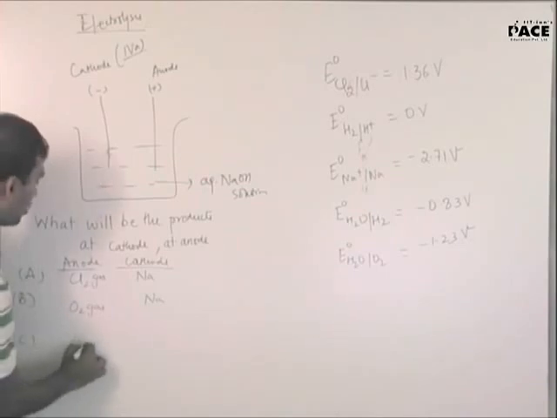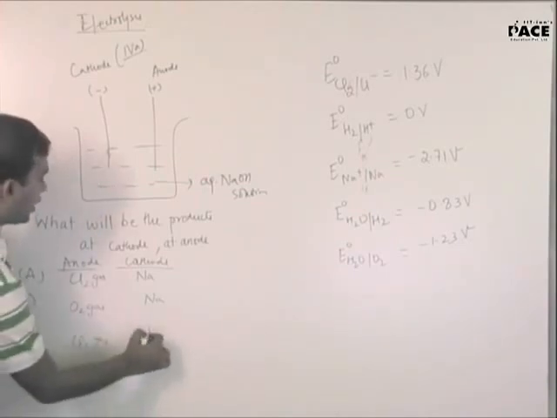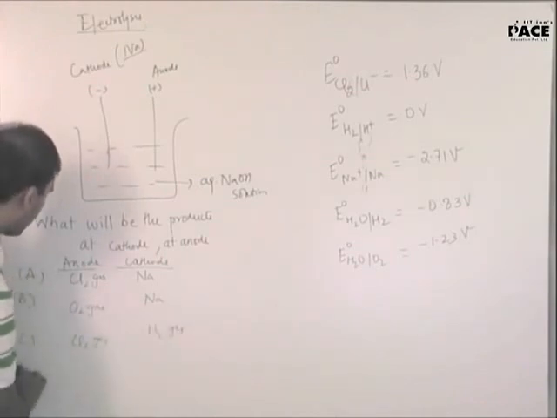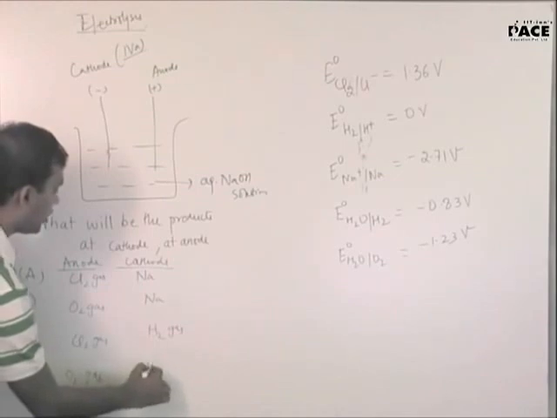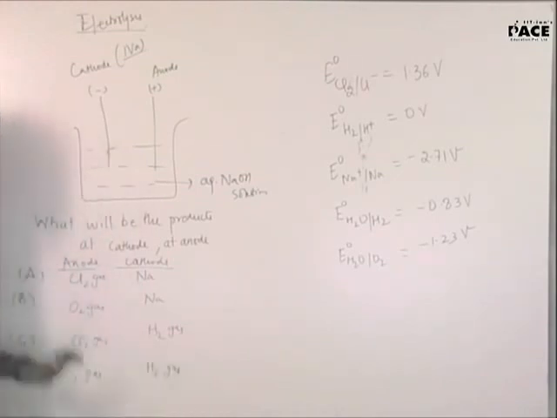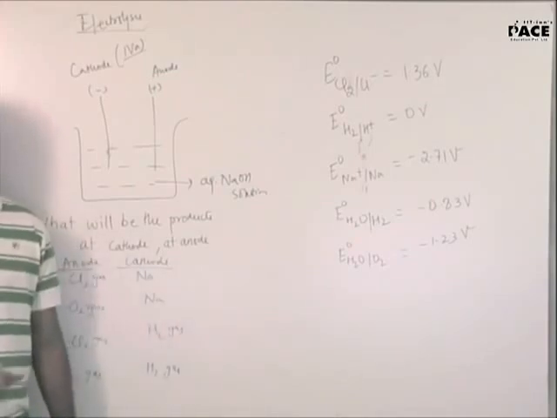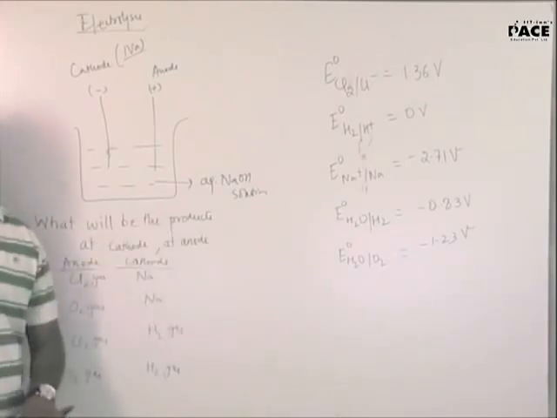Option C, I get chlorine gas and I get hydrogen gas. Or option D, I get oxygen gas at anode and I get hydrogen gas at cathode. These are the 4 options given to you. This is a question which can come in JEE, and something similar to it has come in JEE more than twice.